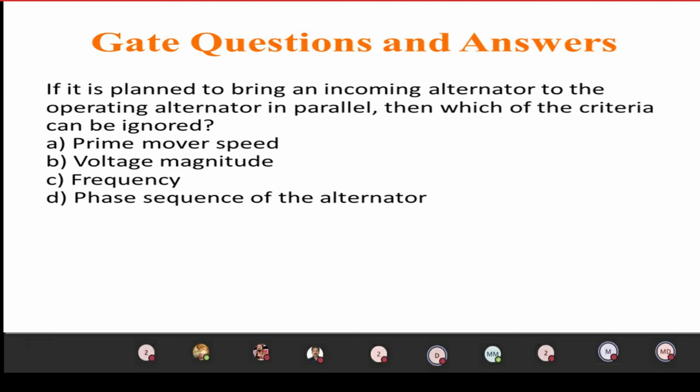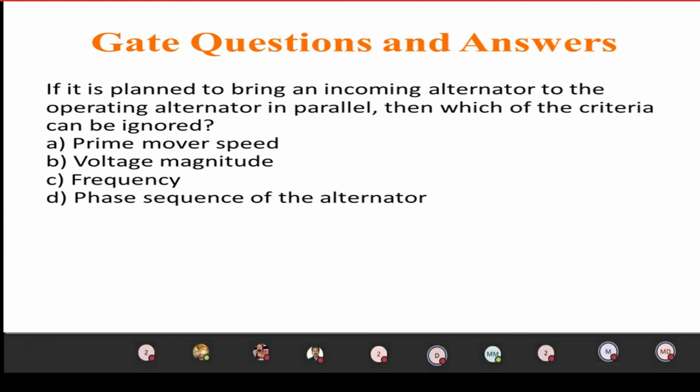Let me read the question once again. If it is planned to bring an incoming alternator in parallel with the operating alternator, then which of the criteria can be ignored?